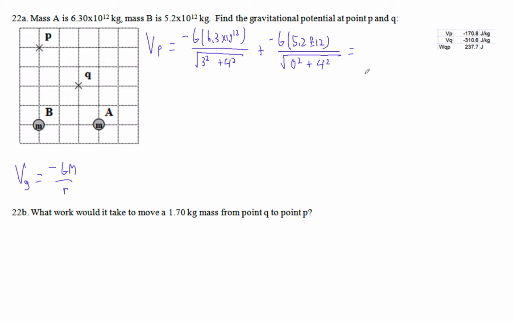All right, here we go. I'm doing alpha F1, the opposite of alpha G. See, I stored the constant of G in the letter G. Times 6.3 E12 over the square root of 3 squared plus 4 squared.